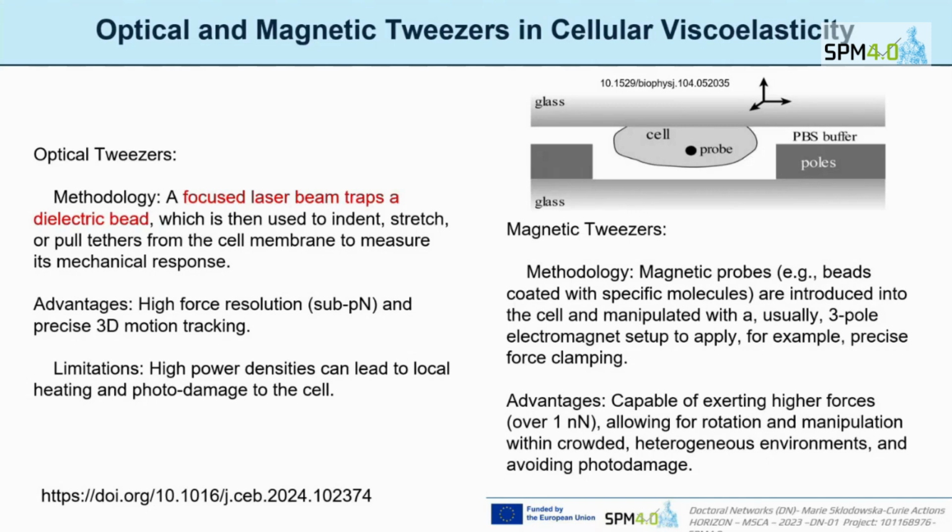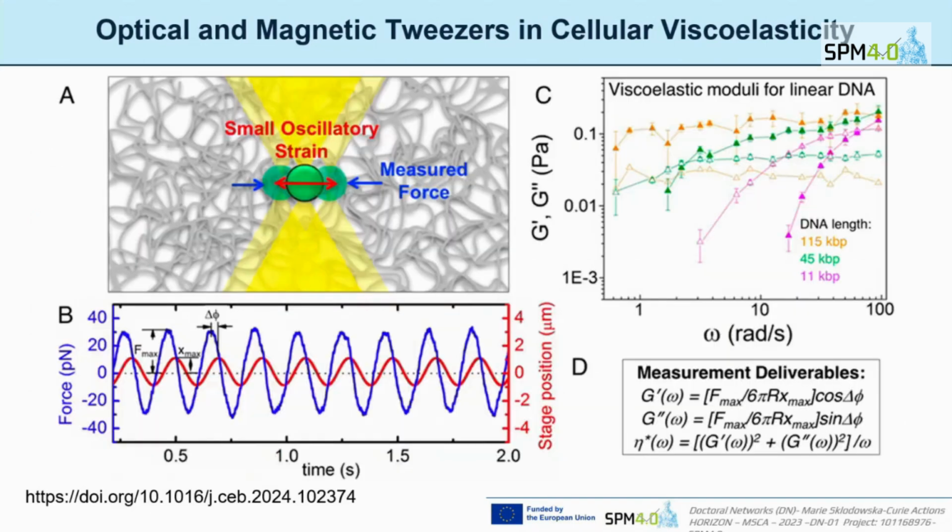We can access different changes of properties of different objects, not only cells but also proteins. We can also rotate, manipulate. There's a lot of options here.